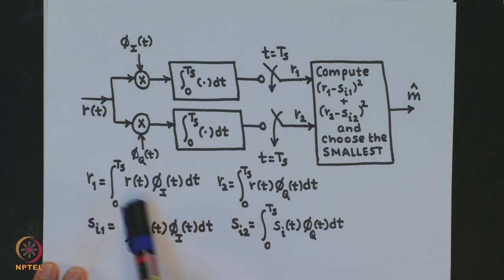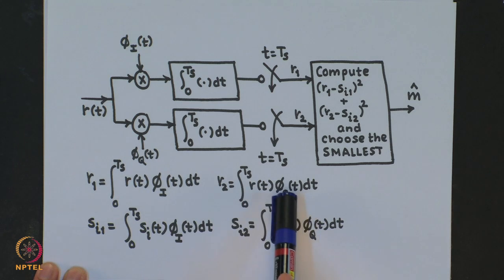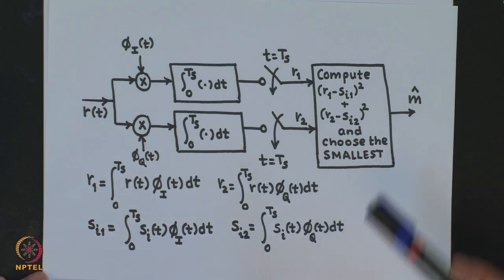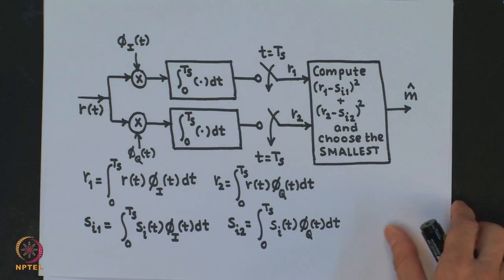And r1 and r2 are the projections of r(t) on phi_I(t) and phi_Q(t) respectively, and similarly s_i1 and s_i2 are the projections of the signal s_i(t) on phi_I(t) and phi_Q(t) respectively. So, we compute the Euclidean distance and choose the smallest of that.